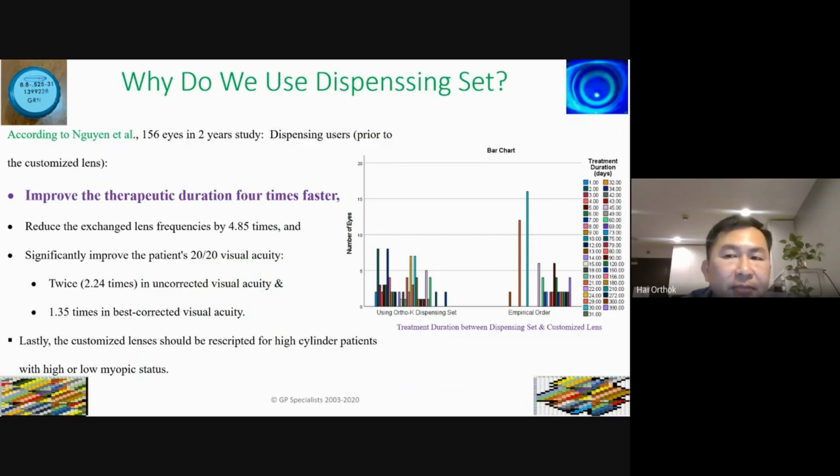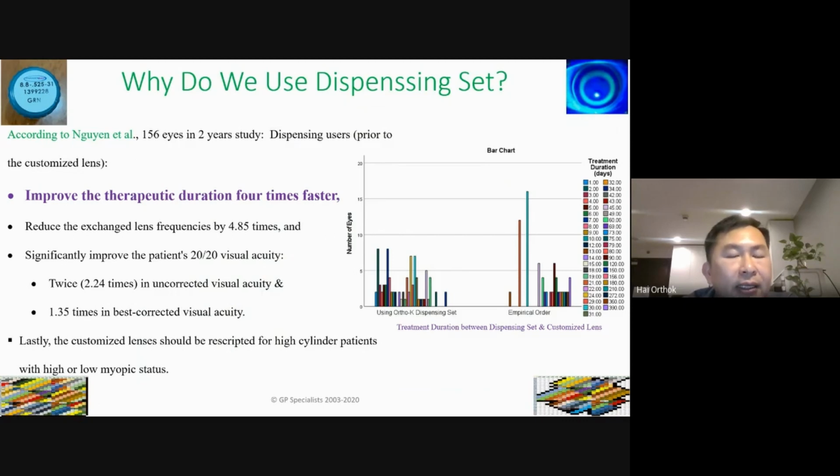If your first customization is incorrect, the patient ends up wearing an incorrect lens for a long time before waiting for the correct lens to arrive. Because of that, I advise practitioners to use a dispensing set to troubleshoot the lens and to fit the patient, and refill the dispensing set. And you don't have to get a very big dispensing set; only 33 lenses or 49 lenses is good enough.